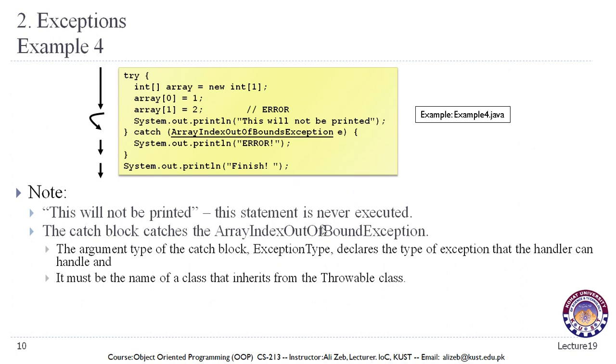In other words, this exception handler class is a subclass of the exception class that was in turn a subclass of the throwable class. So our exception types must belong to one of these classes.